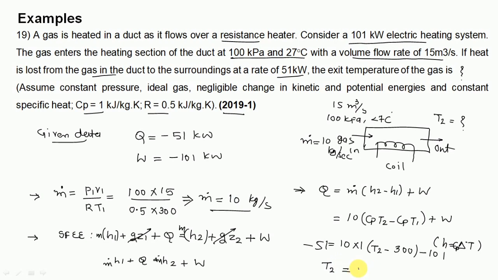and T2 is 32 degrees centigrade. This answer may come in Kelvin, so you need to convert into degrees centigrade, and you can easily get the answer. So this is our answer. The important thing here is the SFW equation and the gas characteristic equation.